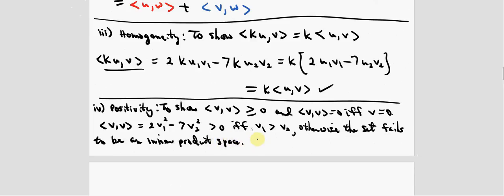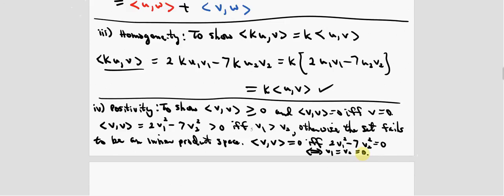Now the 0 is fine. Here, this inner product is equal to 0 if and only if 2 times v sub 1 squared minus 7 times v sub 2 squared is equal to 0. And that has to imply both ways that v sub 1 is equal to v sub 2, and that they're both equal to 0.